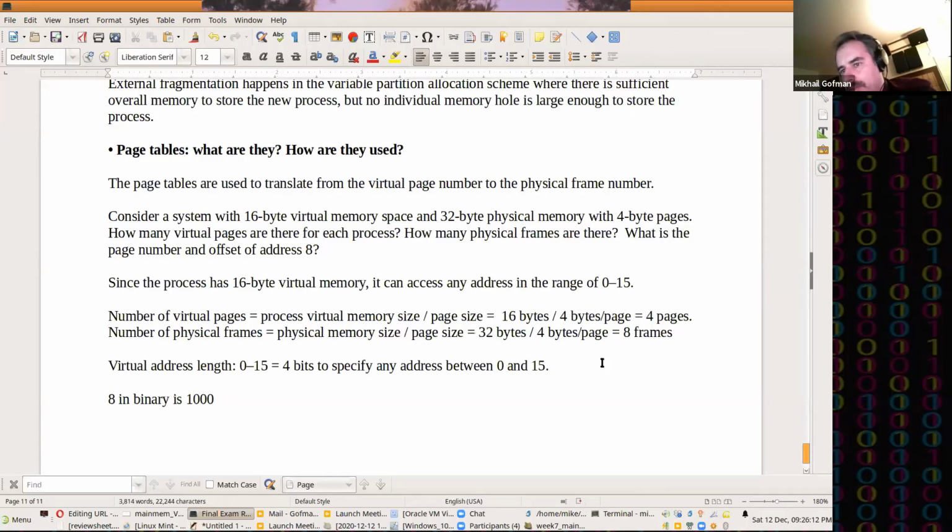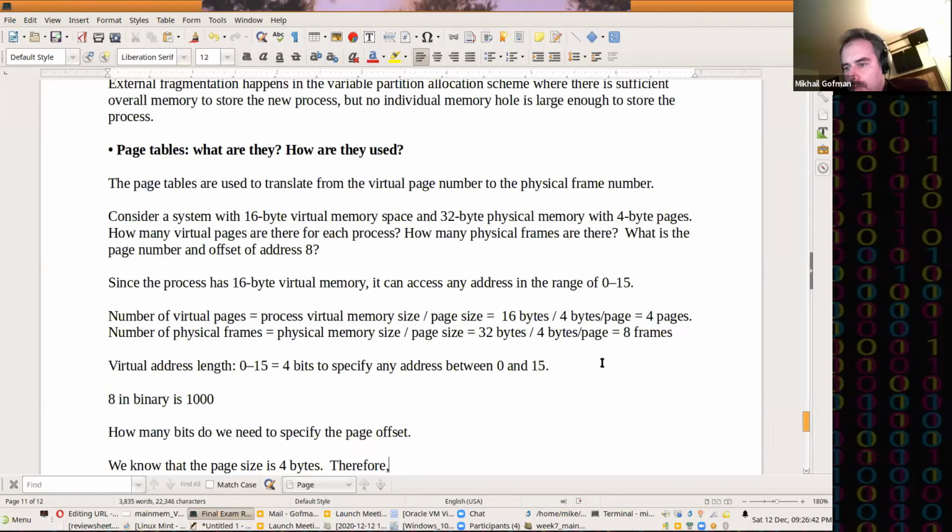So the lower bits are going to be used to specify the page offset. The first question is, how many bits do we need to specify the page offset? We know that the page size is 4 bytes.